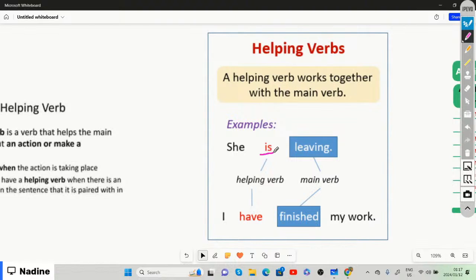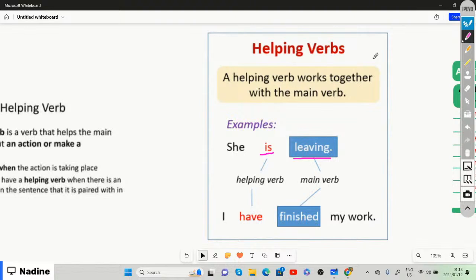So the word is is our helping verb, and leaving is something that someone is doing. Leaving is our main verb, because remember, when you leave or you come back, that is an action that you are doing. So leaving is our main verb, whereas our helping verb is the word is.